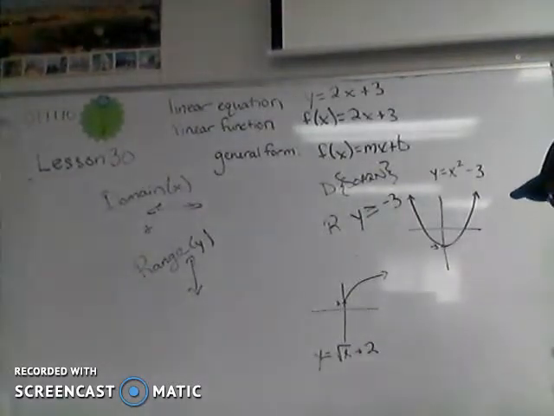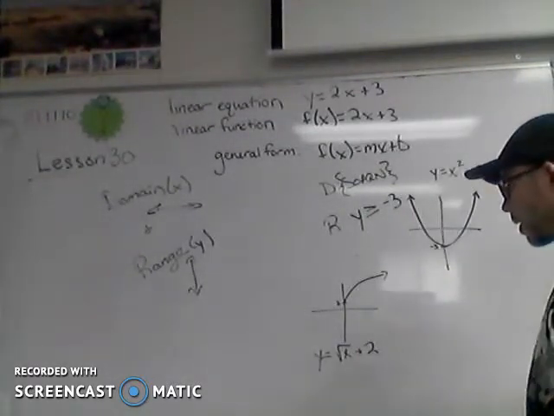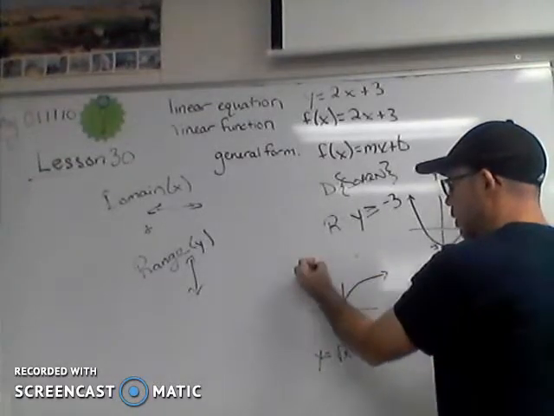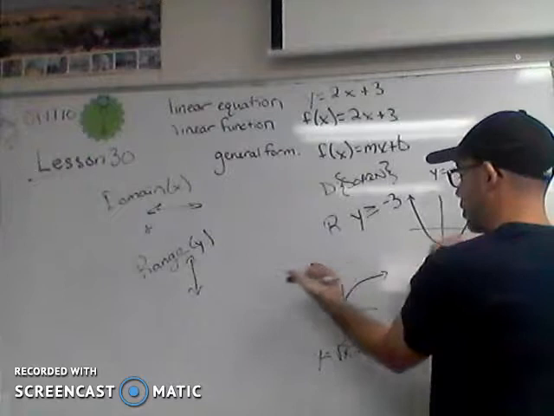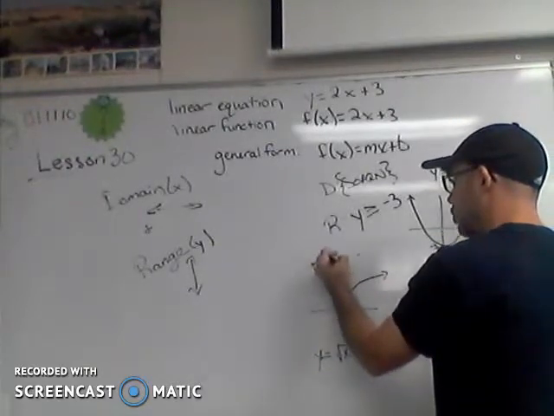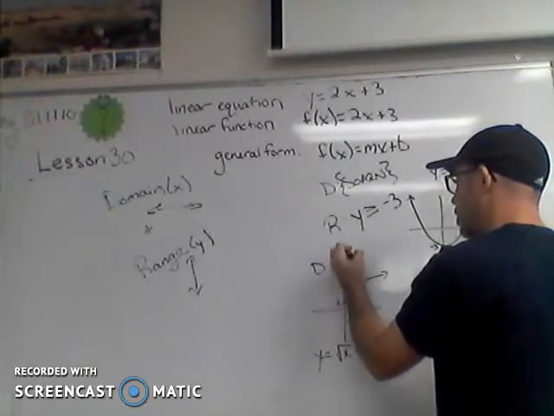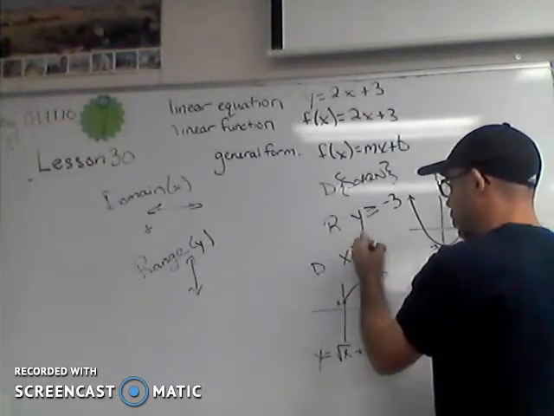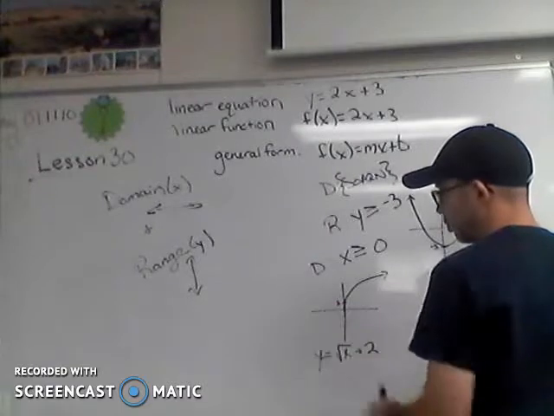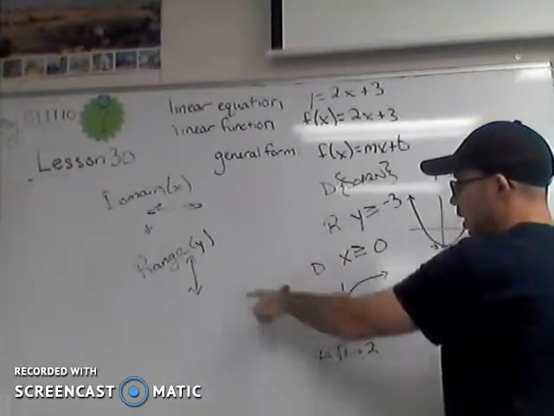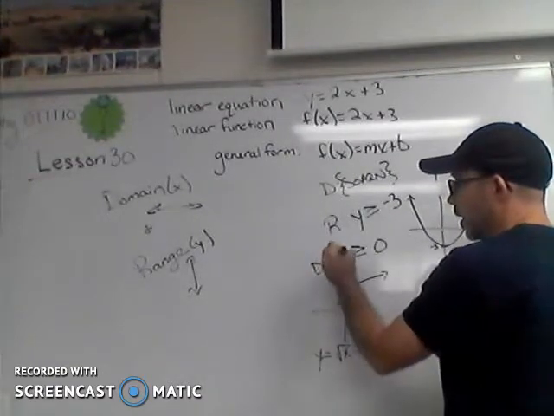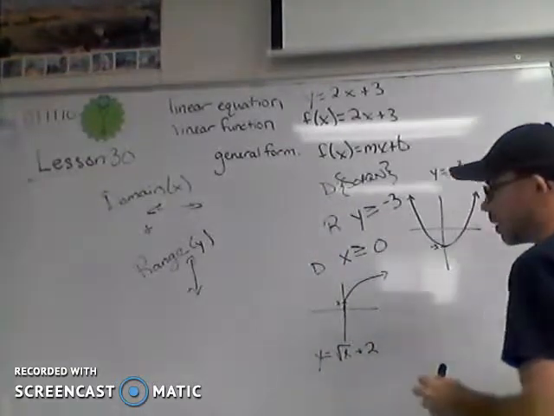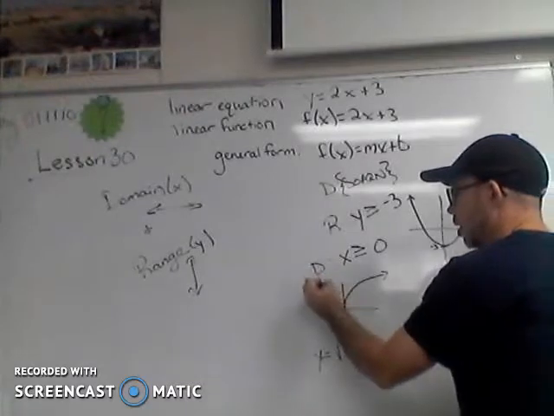So you can write it in this type of format. This last one, the square rooty kind of thing, well, it doesn't go this way at all, does it? It starts right here. So its domain, its left and right business, is only when x is greater than or equal to 0. It doesn't go in the negative direction, or you could just spell it out and say all positive real numbers including 0, but that would be too long.